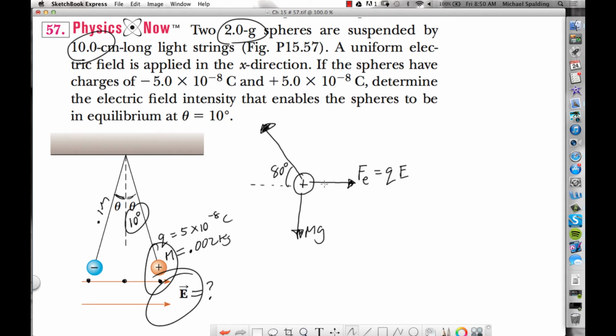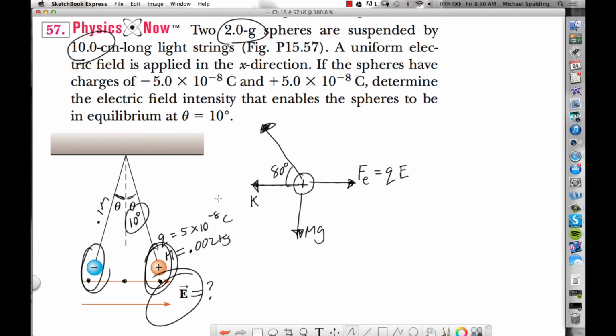Okay? There's one more force. What do positive charges and negative charges do? They attract each other. So there's a force to the left, which is like a Coulomb's law force, right? So what's the equation for force between charges? kQQ over r squared.